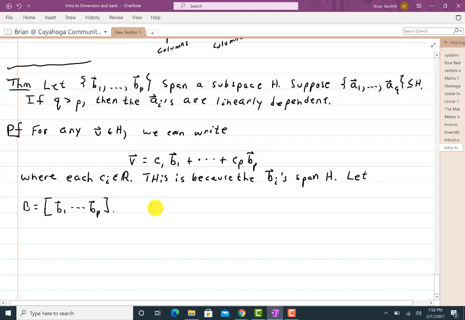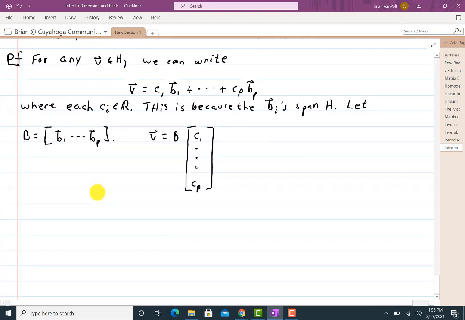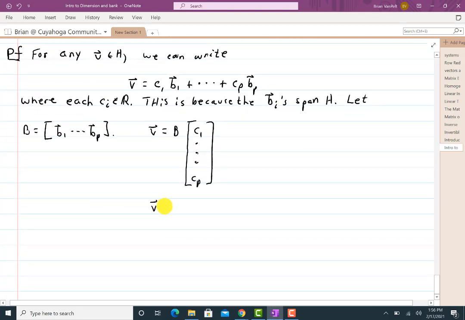Then I can write v as B times c1 dot dot dot up to cp. Or better yet, why don't I just say v equals B times a vector c? So that's important.